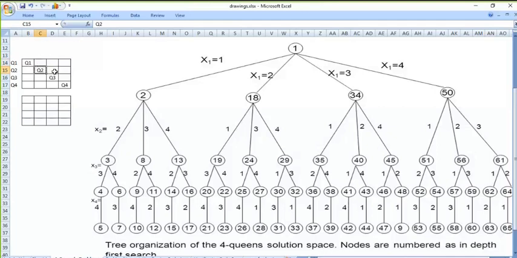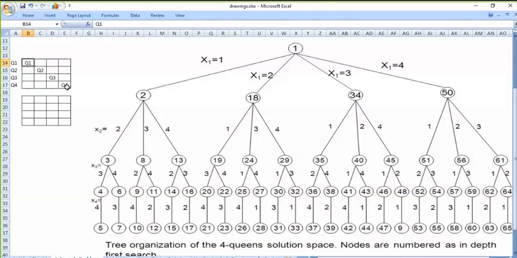It is not, because q1 and q2 are both on the same diagonal, which is a violation of the bounding function. Both queens will be in an attacking position, so we cannot take these values x1, x2, x3, x4 as a solution, because they do not meet the bounding function. Then how should we actually get the solutions?